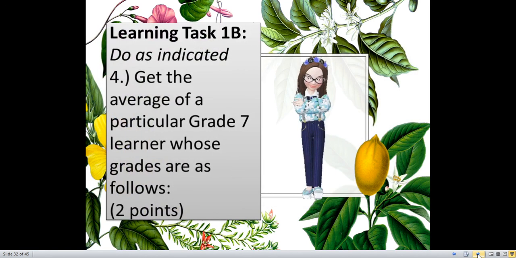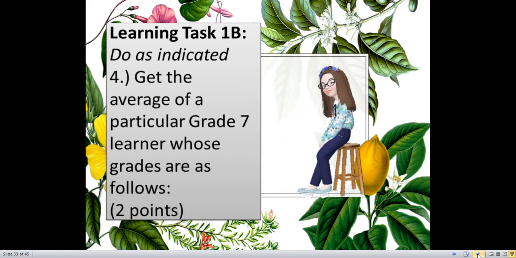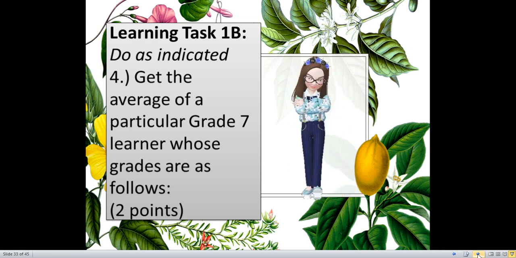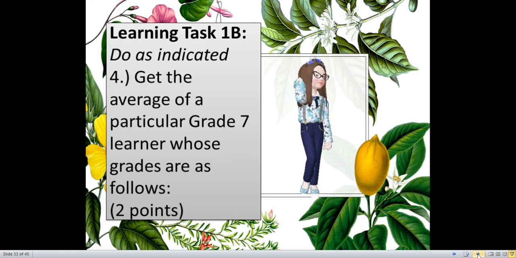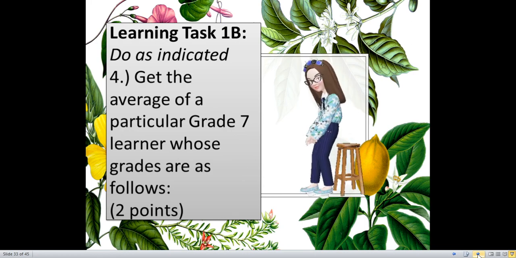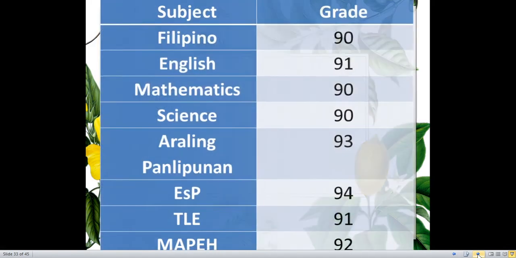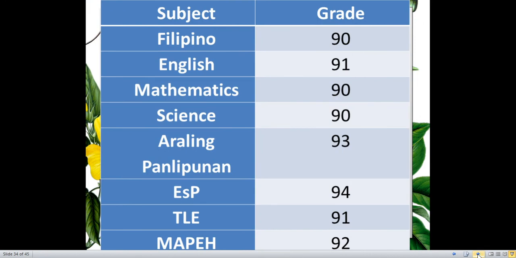Then we also have learning task 1B, do as indicated. For number 4, get the average of a particular grade 7 learner whose grades are as follows. So this is for 2 points. Here are the given grades. Subjects, of course, are Filipino, English, Math, Science, AP, ESP, TLE, MAPE.